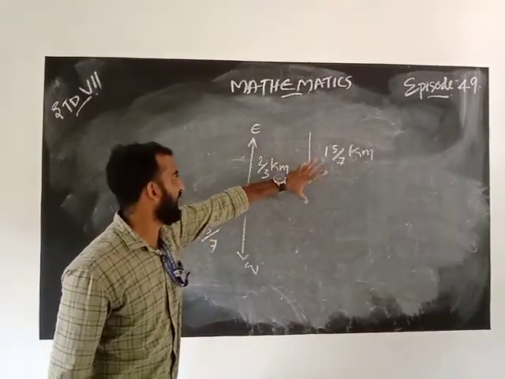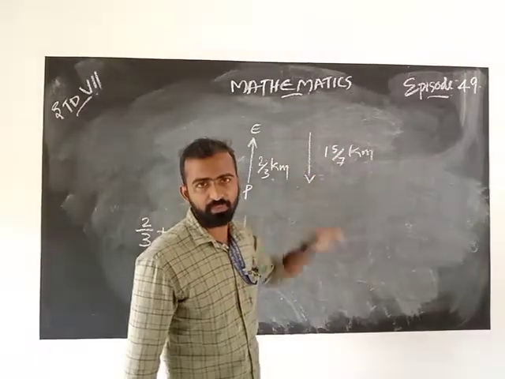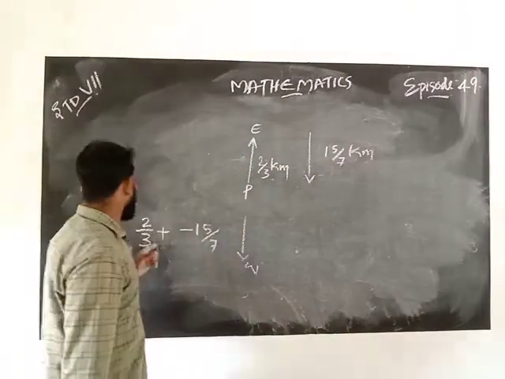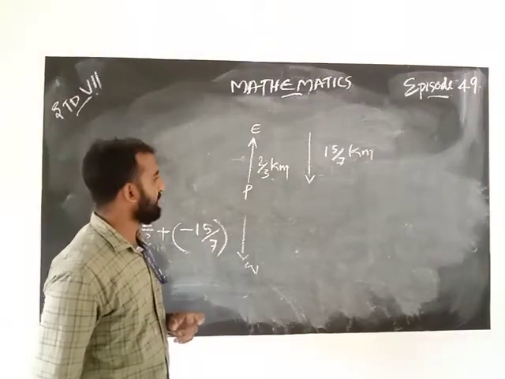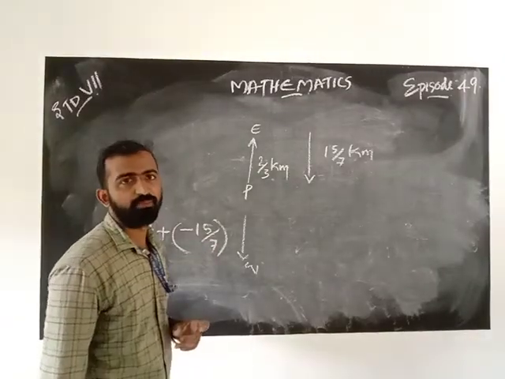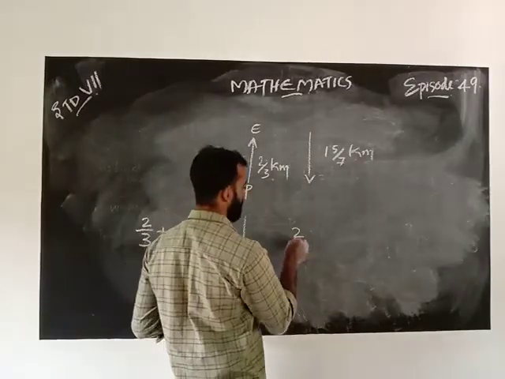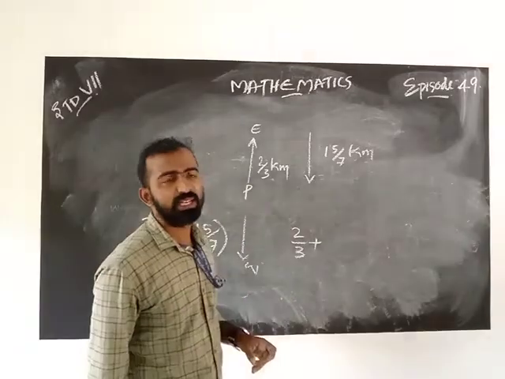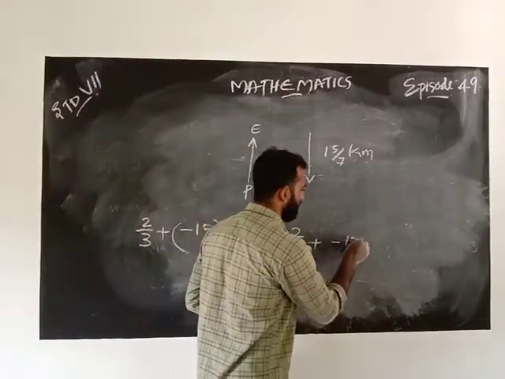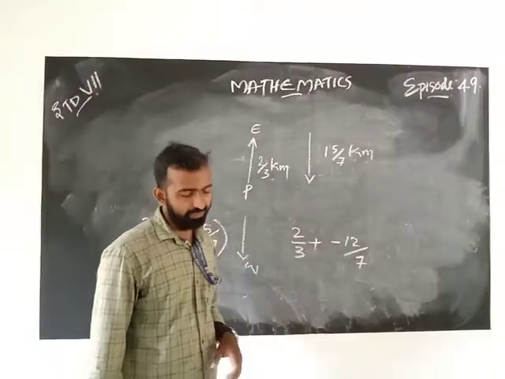These directions are opposite, so here we take negative. That is 2 by 3 plus negative 12 by 7. Is it?